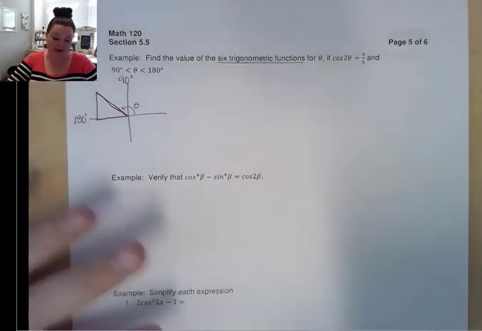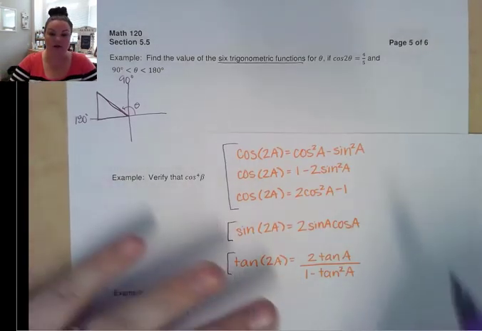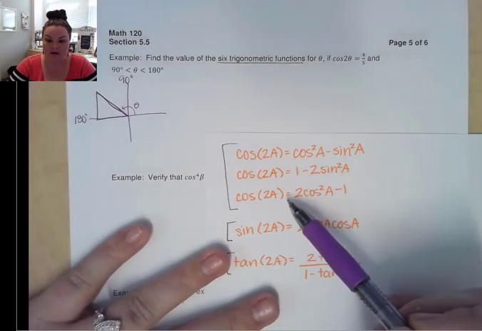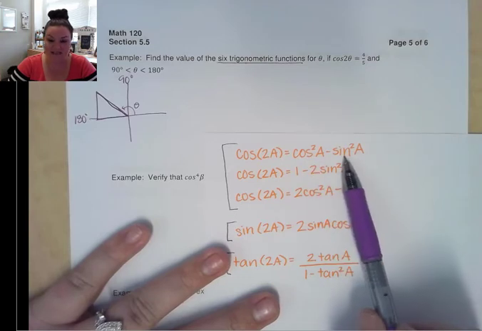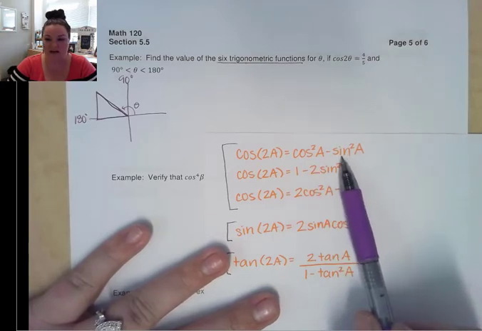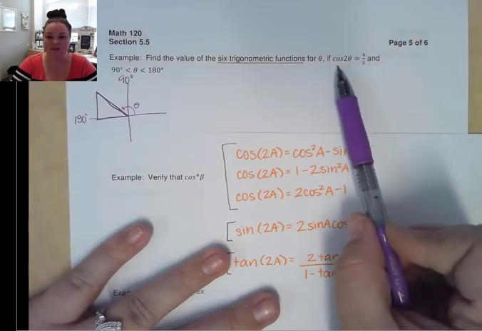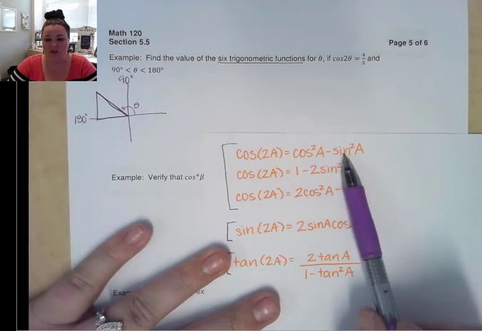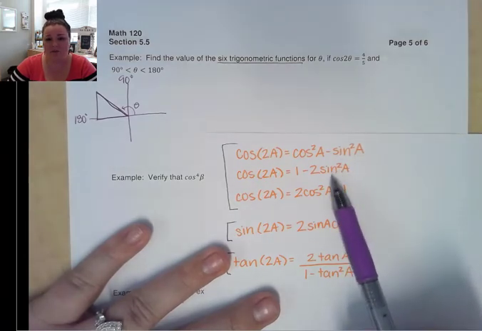So if I look at my cosine angles here, I have a cosine squared and a sine squared. Well, I don't know anything about the sine value, right? I was only given the cosine of a double angle. So I don't really want to use the ones that have sines in them since all I was given was cosine.